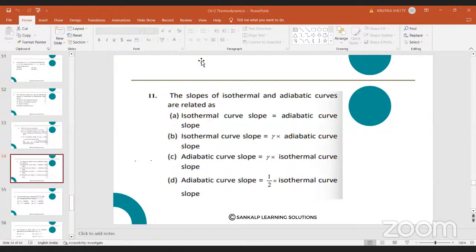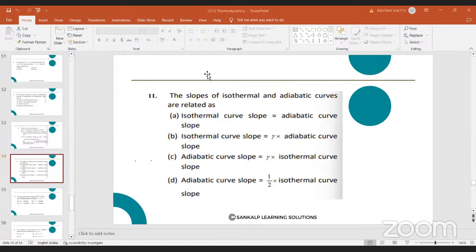So more theory based questions we will get from thermodynamics. Yes, correct. Option C is correct here.